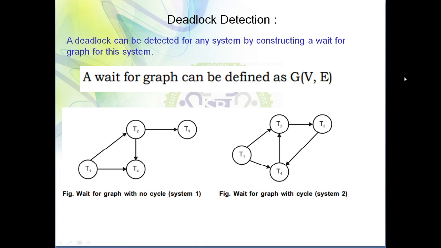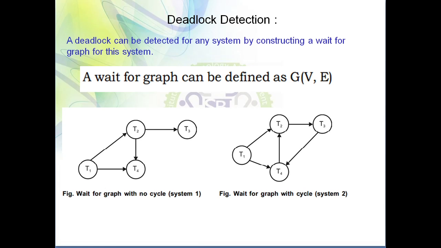But just imagine a situation where there are two copies of a particular resource available, then that problem can be solved. That's why I'm telling you, sometimes this question will be asked. Generally we say that when there is a cycle in the graph, there is a deadlock.